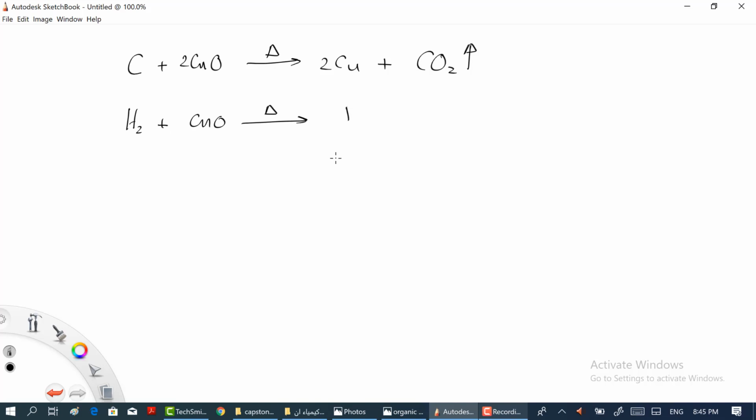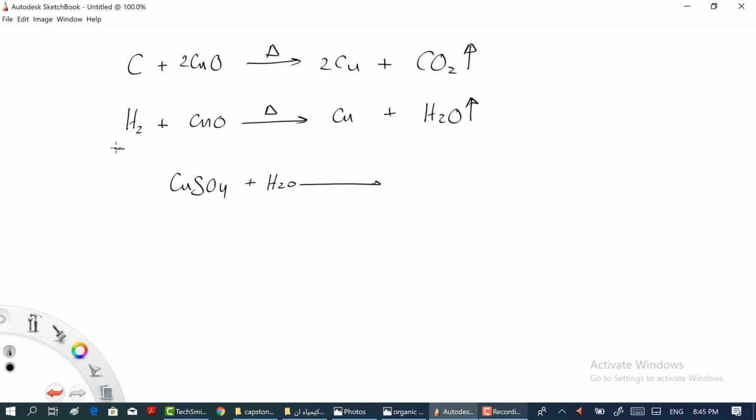According to the equation, when I have carbon and hydrogen with the copper oxide, it gives Cu plus CO2, carbon dioxide gas evolved by the heating. CuO gives by the heating Cu plus H2O, water vapor, which passes over the copper sulfate plus water.